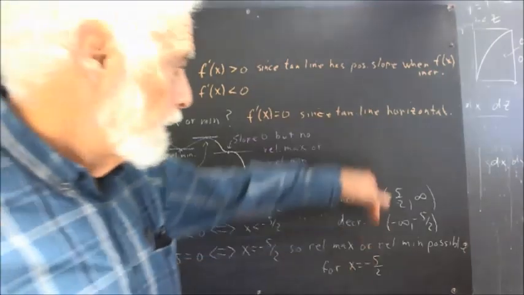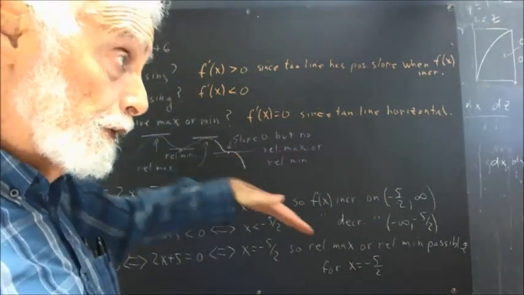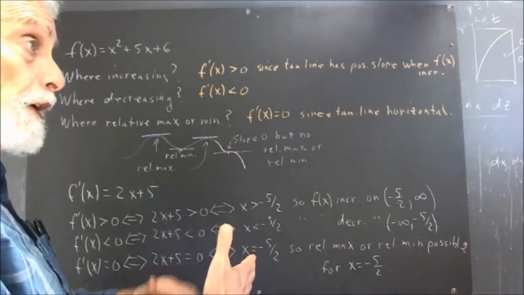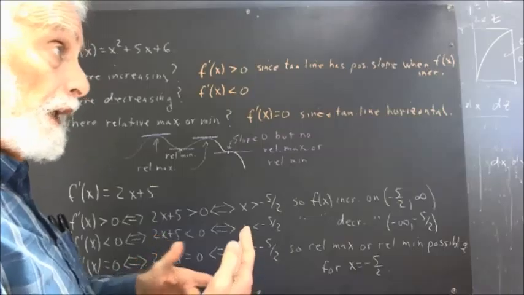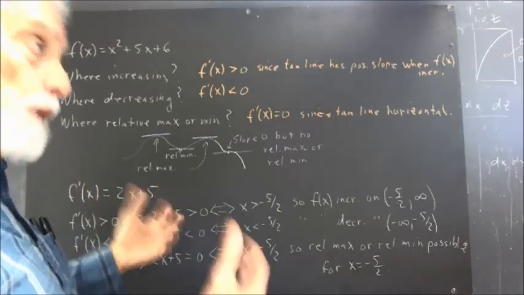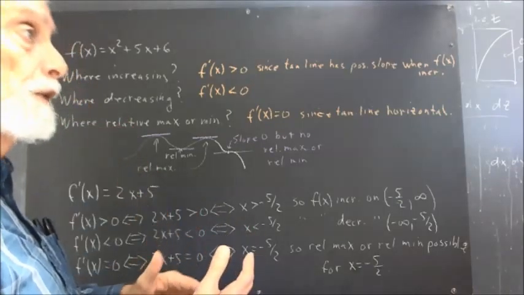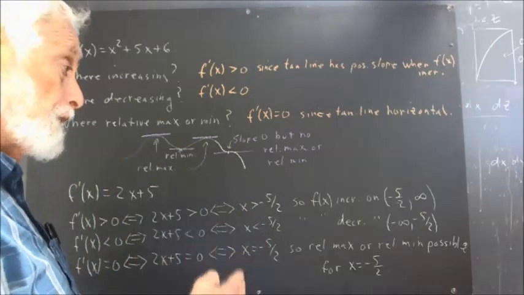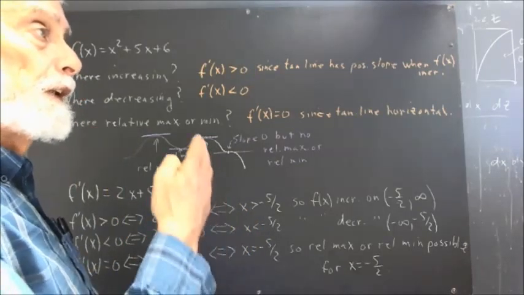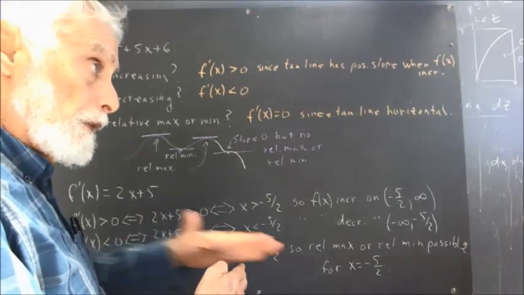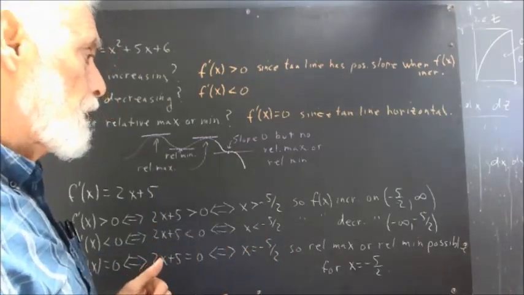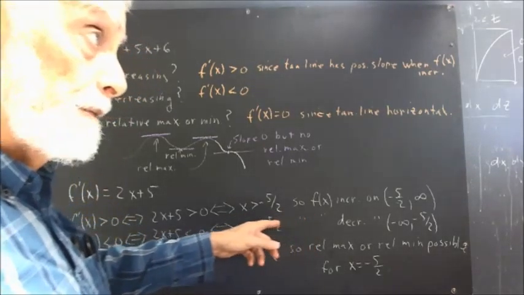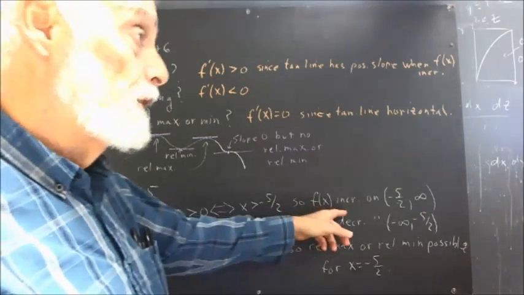So if negative 5 halves is here, the function is decreasing all the way up to negative 5 halves, because the derivative is negative all the way up to negative 5 halves, and then the derivative is 0, meaning that the function has leveled off. And then immediately, you're to the right of negative 5 halves, and the function is increasing again.